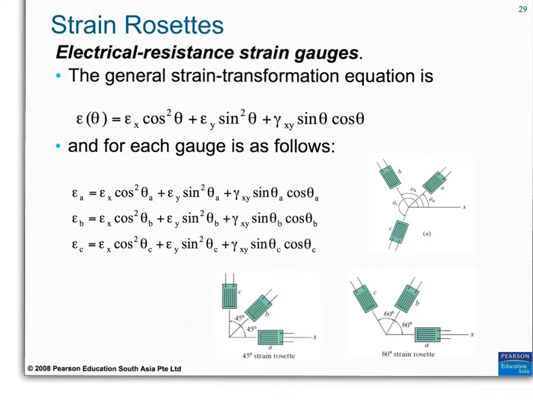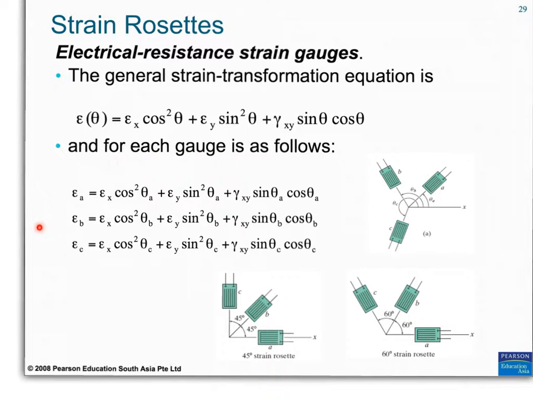So if, for example, we use this strain gauge here, we've got strain in the X here, strain in the Y in this direction, then we can work out the strain at any orientation using this equation here.